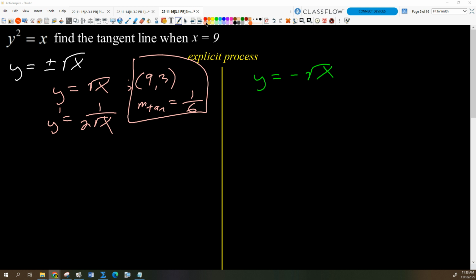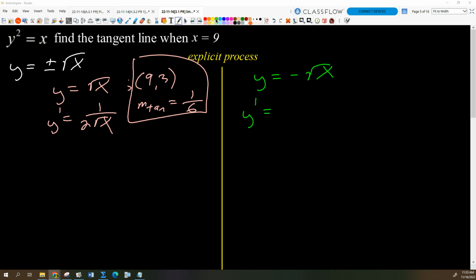Let's do the same thing over here. What would this derivative be? Only difference is that negative sign out front, right? So if I'm differentiating negative the square root of x, I could pull that negative out front and differentiate the square root of x and then multiply by the negative again, right? So what's the answer going to be?